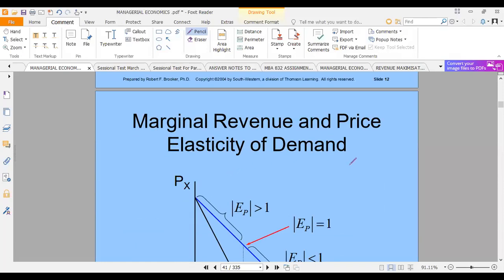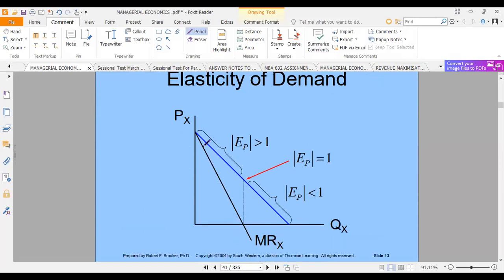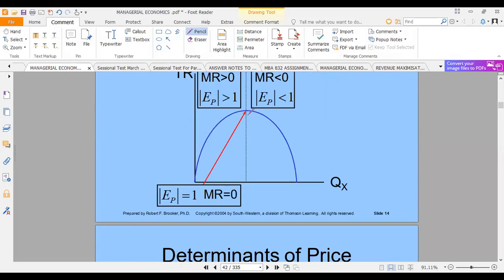The relationship between marginal revenue and elasticity is as follows. At a point when marginal revenue is positive, total revenue is increasing, and demand is elastic. At a point where marginal revenue is 0, this is a point where the total revenue is maximum. So as long as total revenue is increasing, the elasticity of demand is greater than 1.